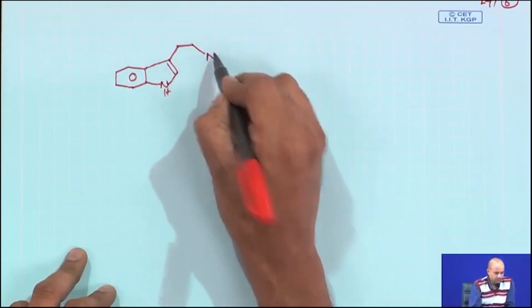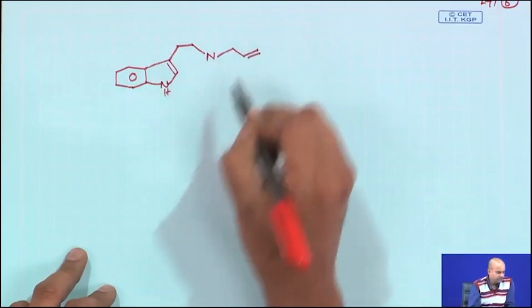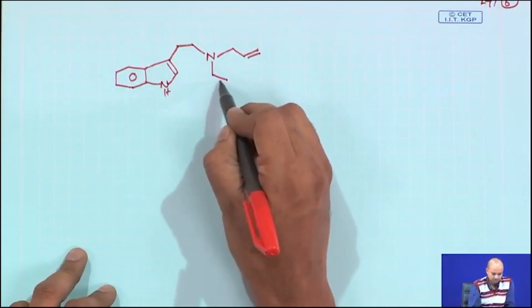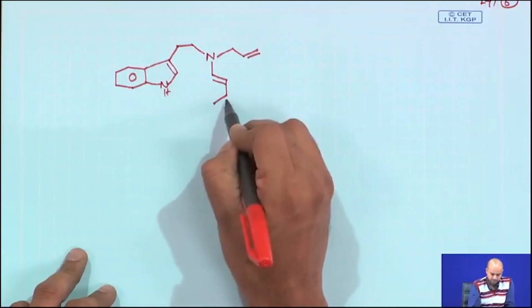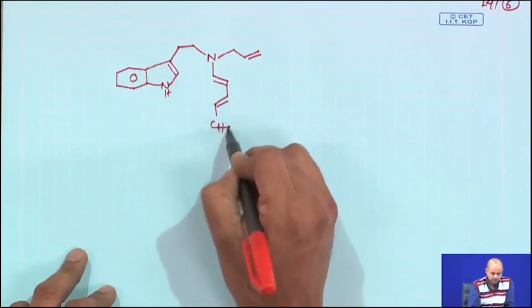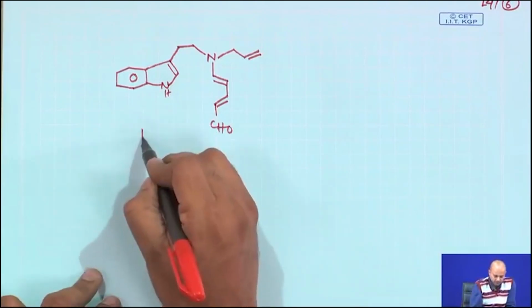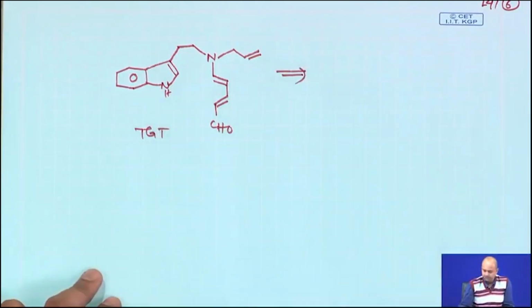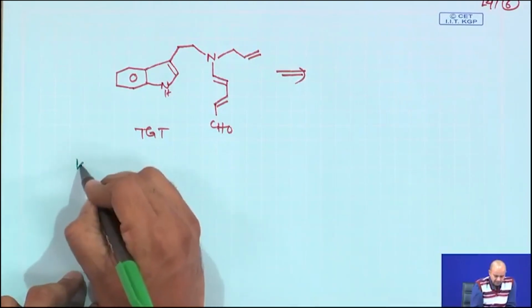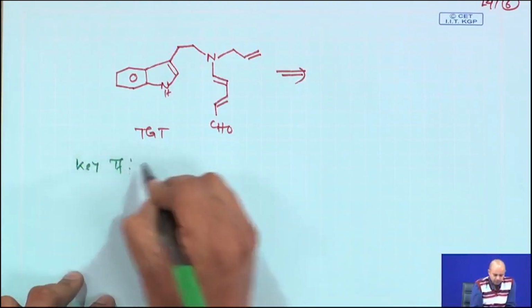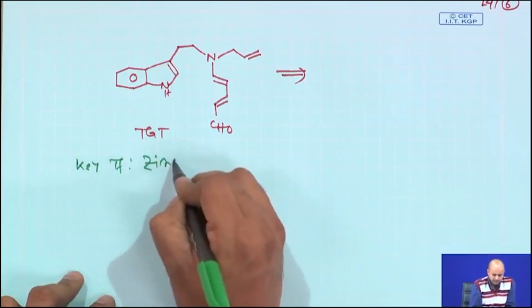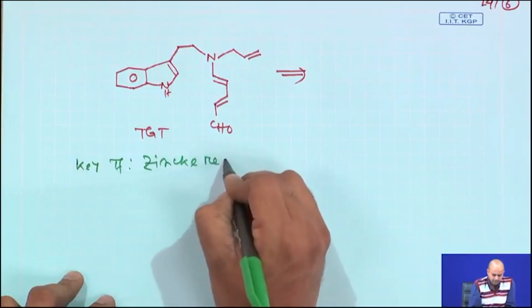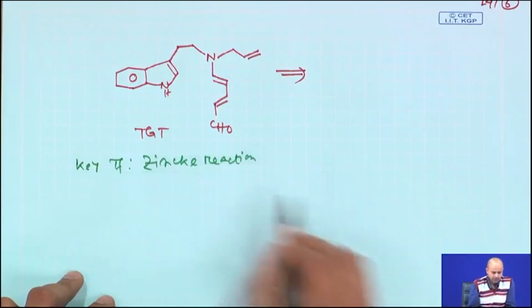I am saying this target molecule has this structure, CHO. Now, this is a target molecule. You have to identify the starting materials, and your key hint is the key transformation, you have to use the Zincke reaction. Now, the Zincke reaction mechanism we have explained, now you try to analyze.